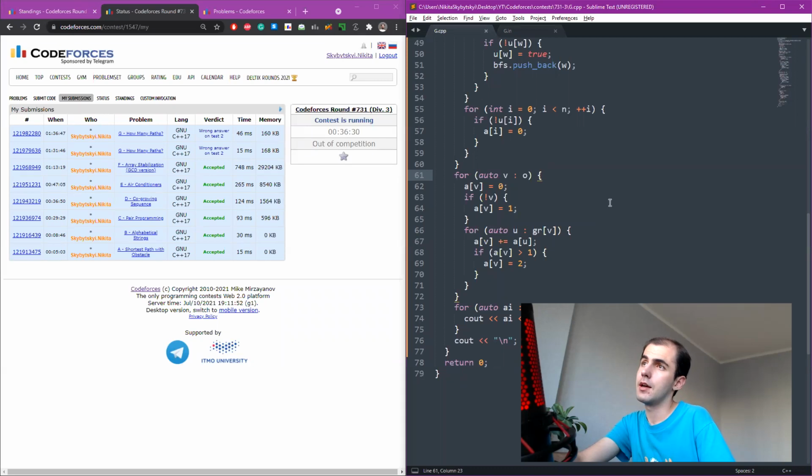Then for all edges in reversed graph, for all my parents, the number of ways to get to me you can compute by summing the numbers of ways to get to my parents.